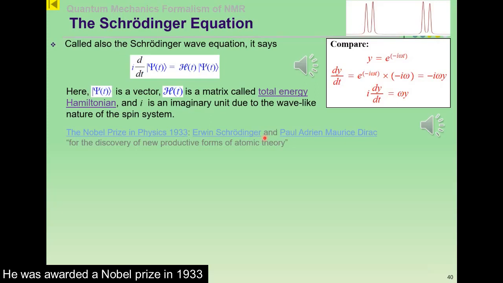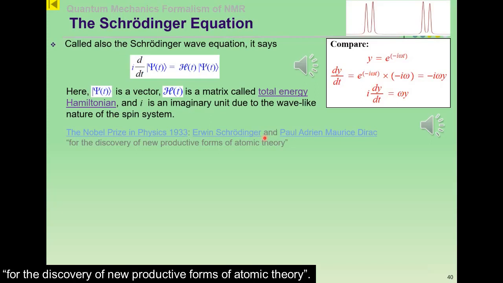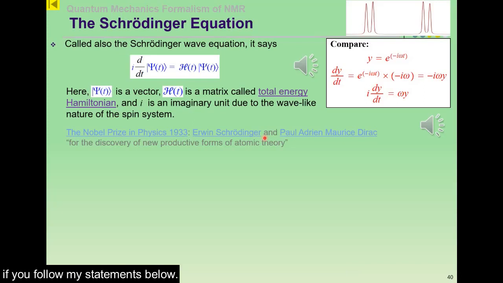He was awarded the Nobel Prize in Physics in 1933 for the discovery of new productive forms of atomic theory. How Schrödinger discovered the wonderful equation was a mystery. But I'm sure you can at least have some understanding about this if you follow my statements below.